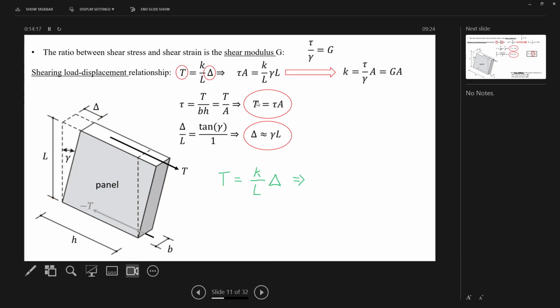So if we take T, so we started off with this up here. Sorry, you can't see what I'm doing. We started off with this here, and we know what T is, we know what delta is now, so we can convert that.